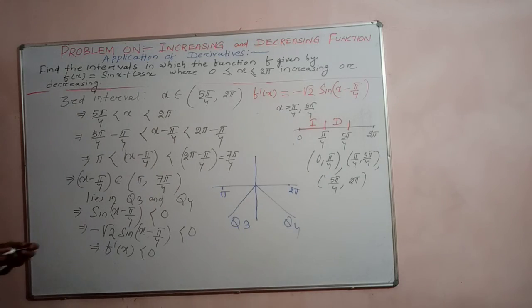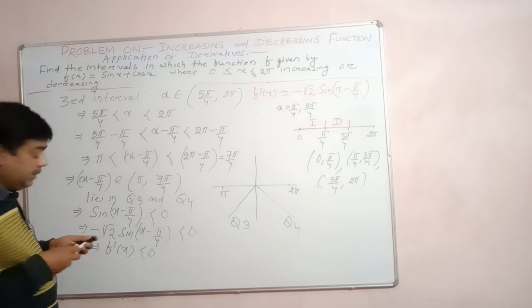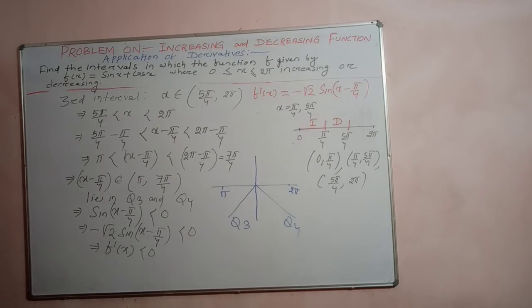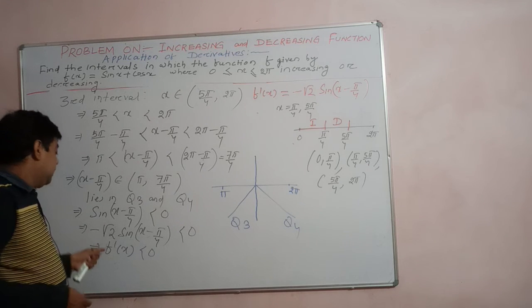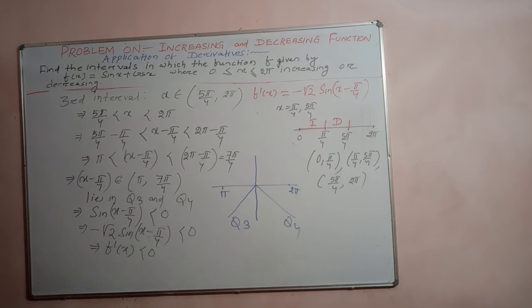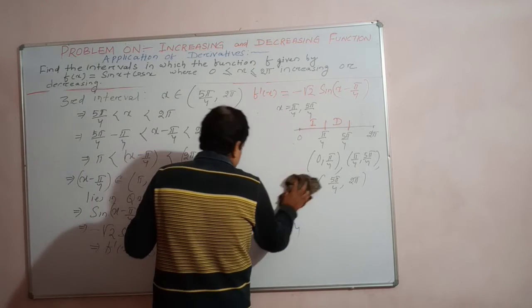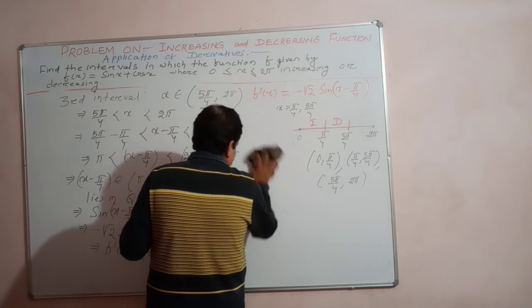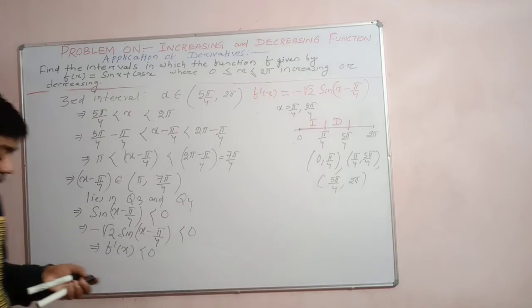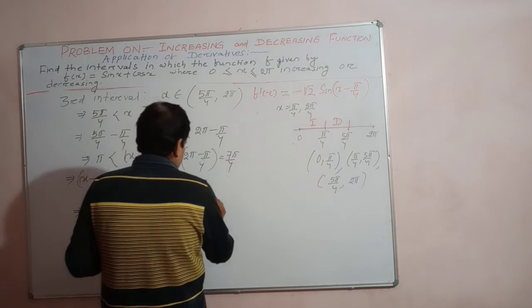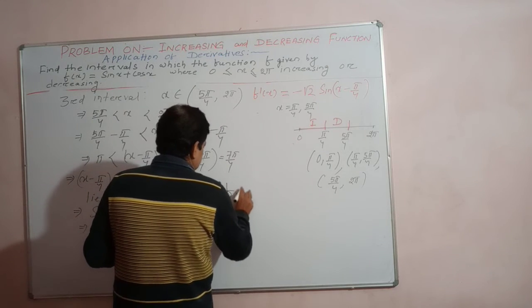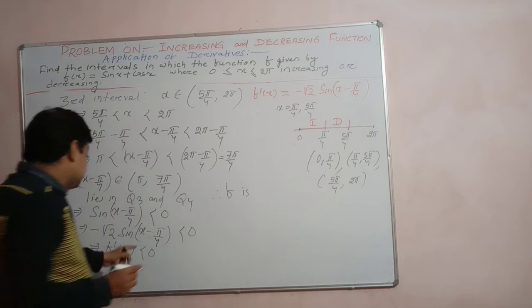Clearly, since f dash x is less than 0, we know that according to the definition of increasing and decreasing function, using the concept of the derivative, if f dash x is less than 0, then the function is negative. Hence f dash x is less than 0.